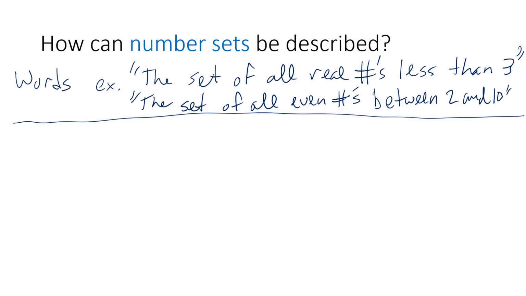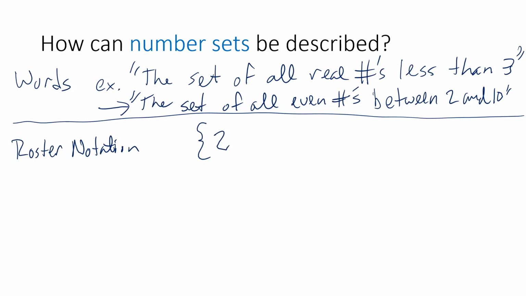The other way we can do it is called using roster notation. So what we do is we use, let's say for this example right here, the set of all even numbers between 2 and 10. We would actually use braces to break down all even numbers between 2 and 10.